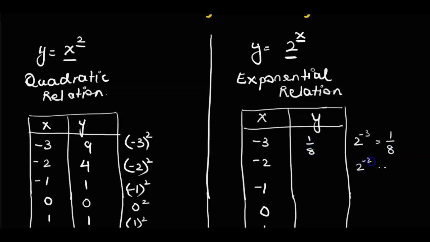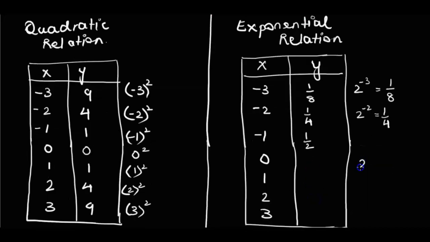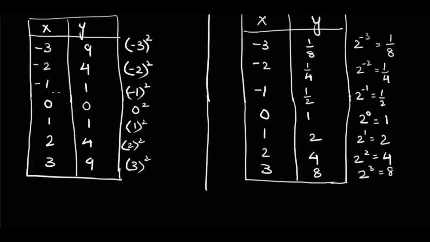Similarly, 2 to the power of -2 gives us 1/4. 2 to the power of -1 gives us 1/2. 2 to the power of 0: any number raised to the power of 0 is always 1, so this gives us 1. 2 to the power of 1 on the calculator gives us 2. 2 to the power of 2 gives us 4, and 2 to the power of 3 gives us 8. So when we look at the values, they are way too different from each other. This shows that y is very different in an exponential relation compared to a quadratic relation.